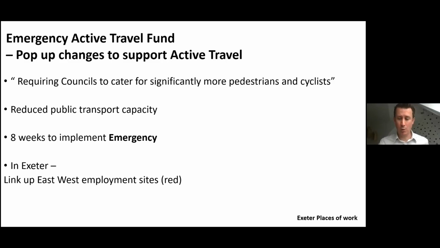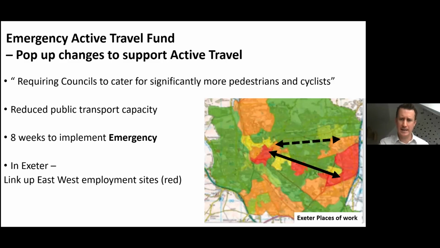We had 8 weeks to implement measures because it was an emergency, and in Exeter, we aimed to link up the employment sites on the east of Exeter to the city centre, where there's also lots of employment, and the hospital. And we did this by reallocating some road space.